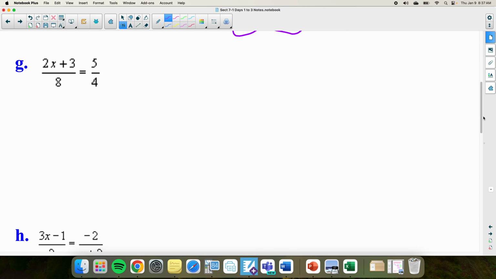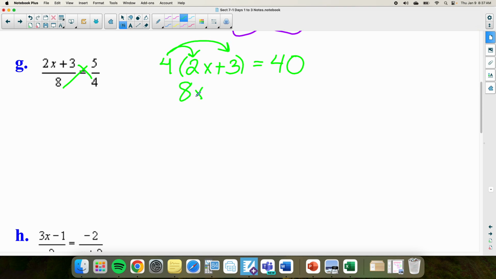Then, when we go to this one here, we're gonna cross multiply again, and we go 4 times 2x plus 3 equals 8 times 5, which is 40. And then we're gonna distribute. 4 times 2x is 8x. 4 times 3 is 12, and that equals 40.